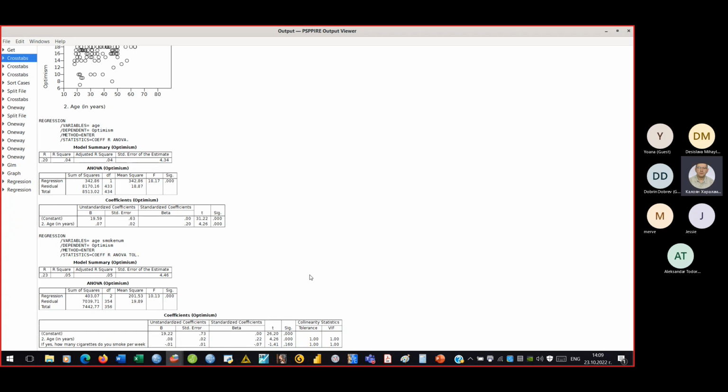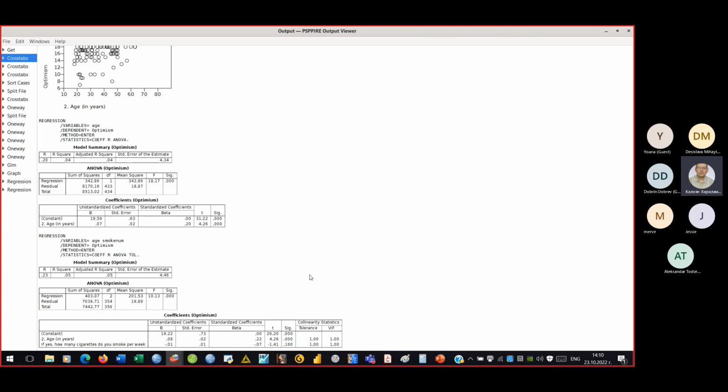But when we compare these standardized coefficients, we compare the absolute value. So the sign doesn't matter. It doesn't matter whether this coefficient is positive or negative. We order them by their absolute value.